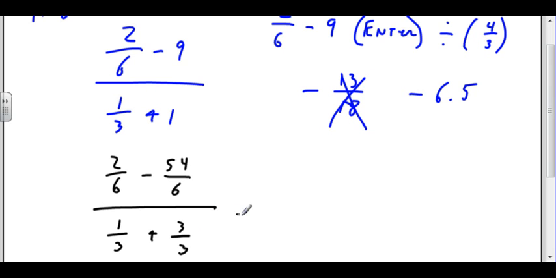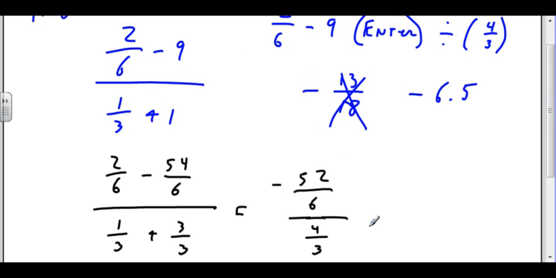So we'll do that first, and then we get minus 52 over 6 divided by 4 over 3. Doesn't look too much like a 4, but yeah, it looks a little better.